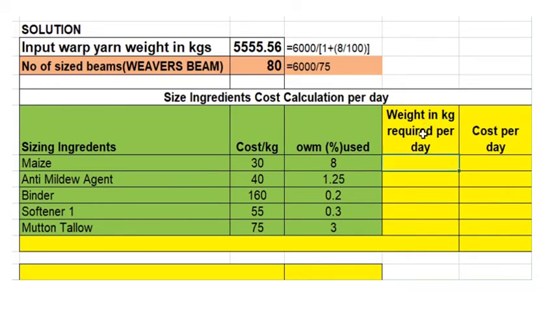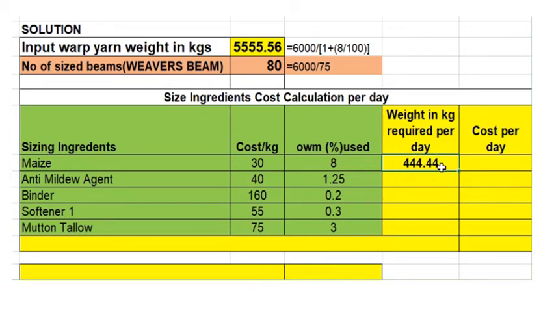For the weight calculation, it is on the weight of material, OWM. The input material is 5555.56, so 5555.56 into 8 by 100, we get 444.44.